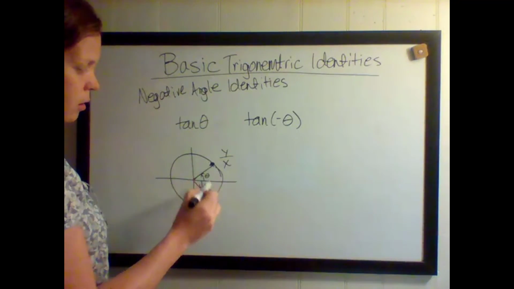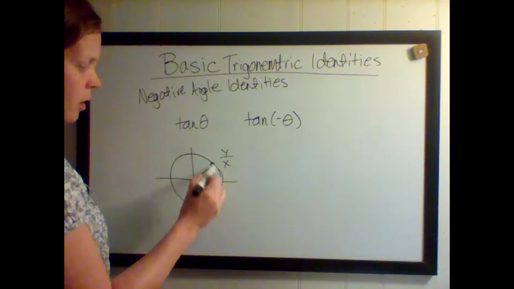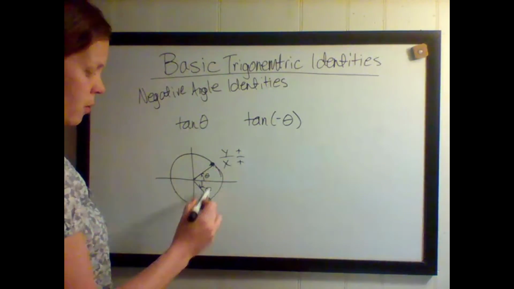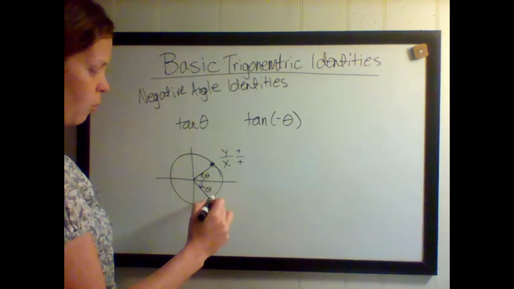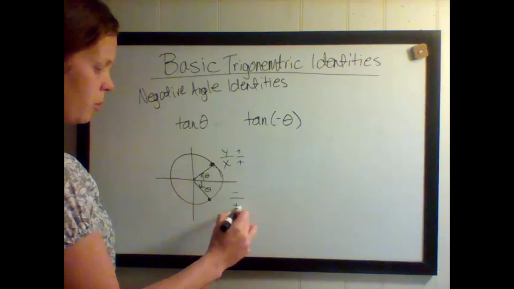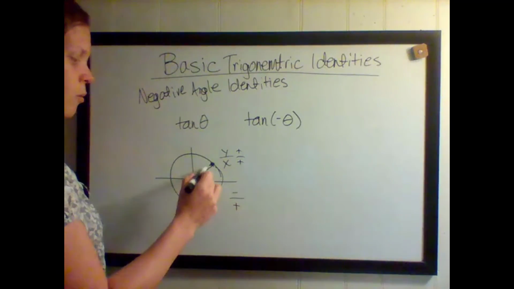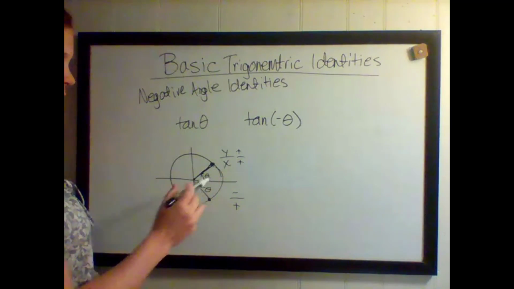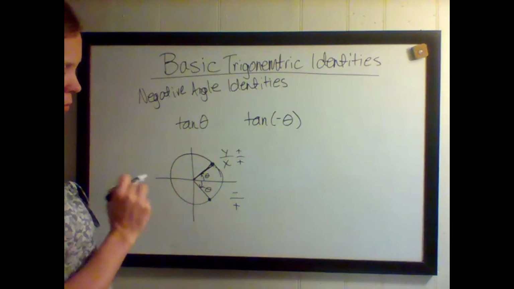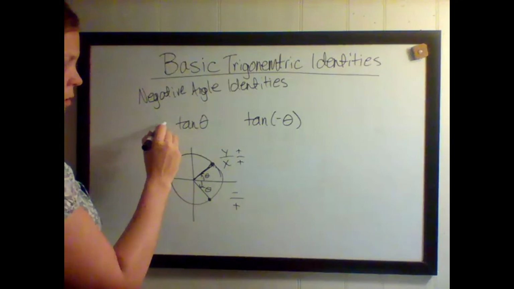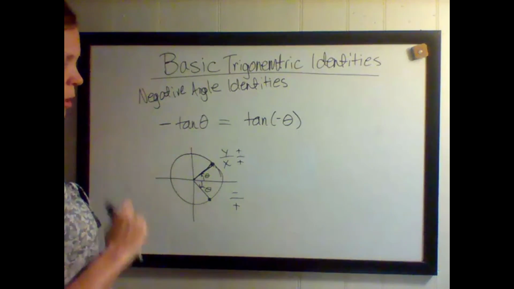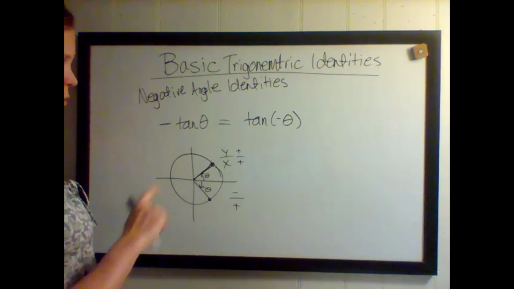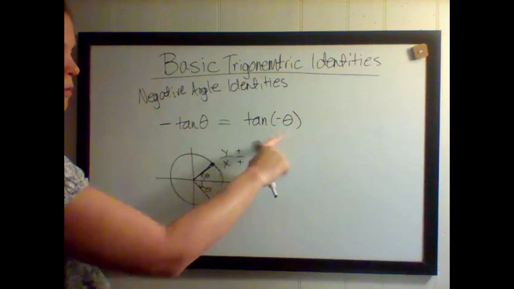So if it was positive, I'm going to have a positive over a positive. But if I go the negative direction, y would be negative and x would be positive. So whatever the value for the positive is, the negative is going to be the same value but with the sign switched. So negative tangent of theta equals tangent of negative theta.